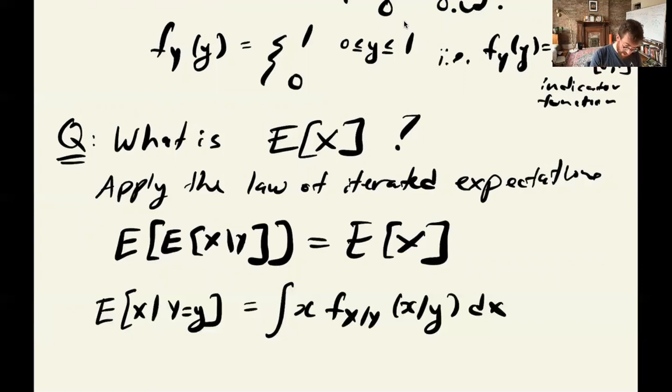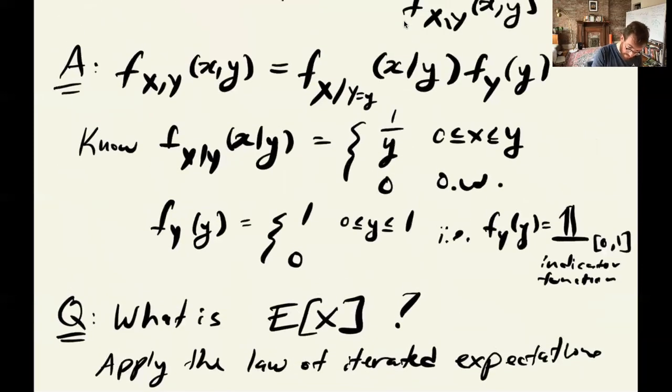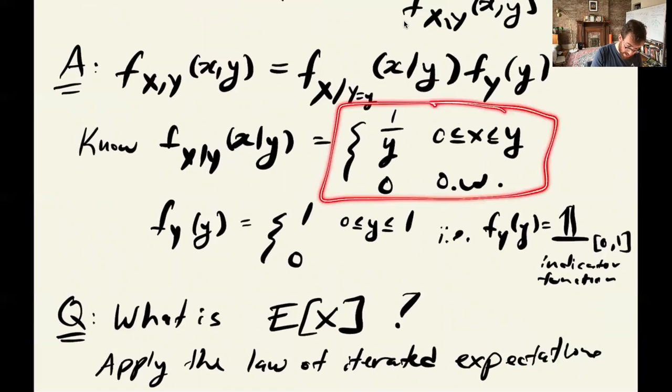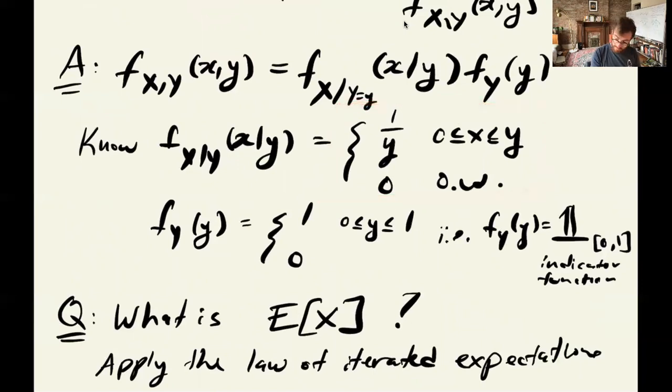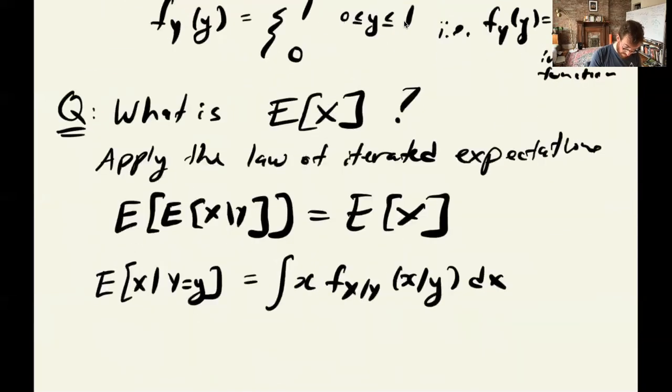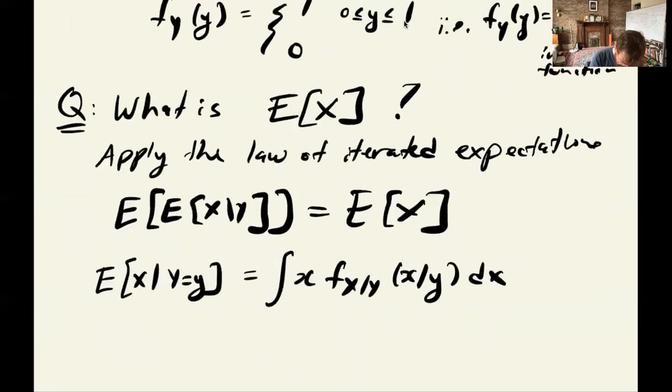This ends up being, again, if we look up here, 1 over y times this, 1 over y over this interval. And that also dictates how far x can go. So let's just try to do it here. So this ends up equaling something like integrating from x equals 0 to x equals y of x times 1 over y dx.